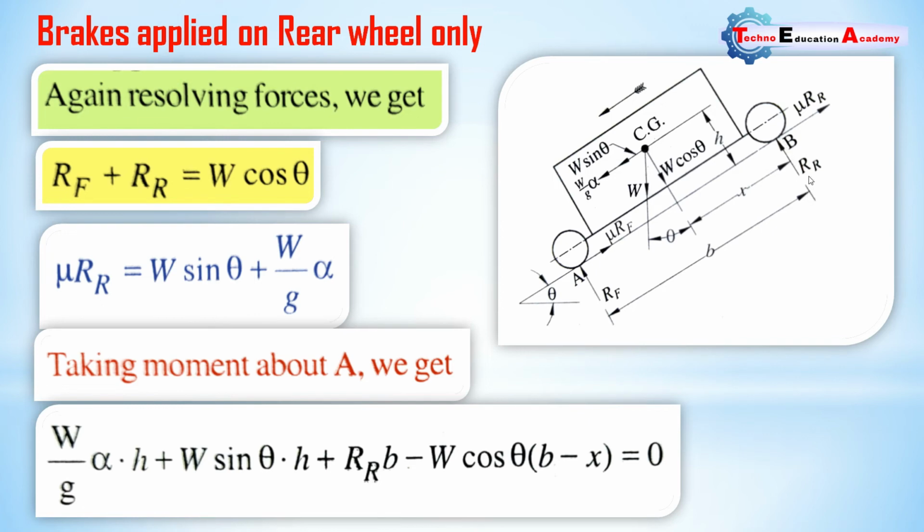Here you can see that at point A, whenever we are taking the moment, the force which is perpendicular is Rr, its distance is b, Rr into b, and W cos theta into (b minus x). This is the total b and this is x, so the remaining term is b minus x, equal to 0.